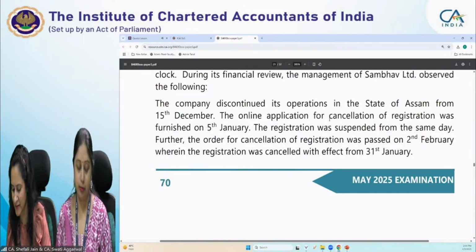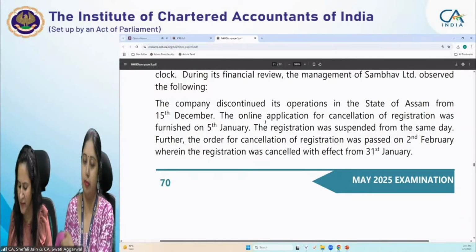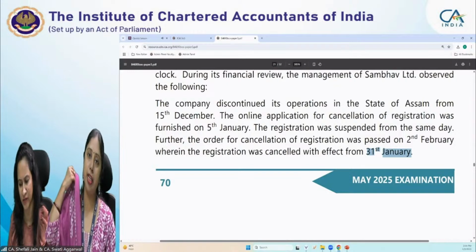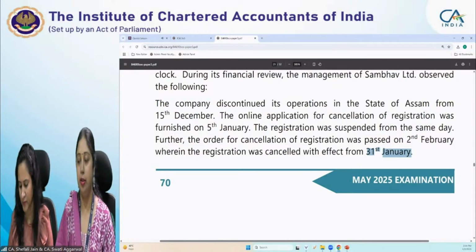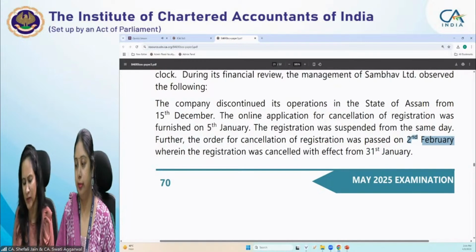In our case, the date of order of cancellation is 2nd Feb, and registration was cancelled with effect from 31st January. So the effective date of cancellation is 31st January, and 2nd Feb obviously is the later date.